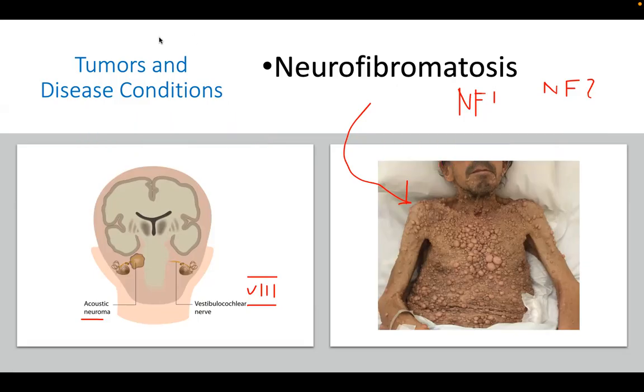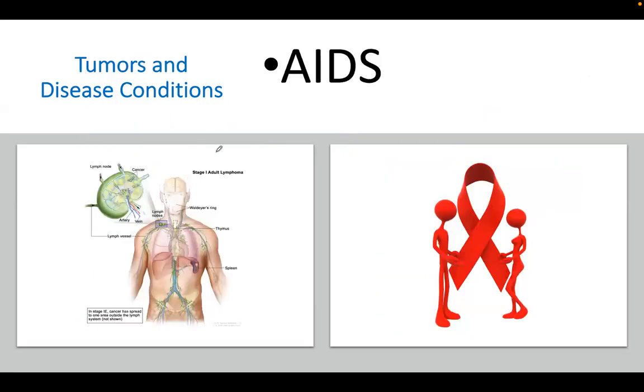So neurofibromatosis 2. Now, another example is AIDS. Patients with AIDS have a predilection for developing CNS lymphoma, especially the B type. Okay, so please take note of that.